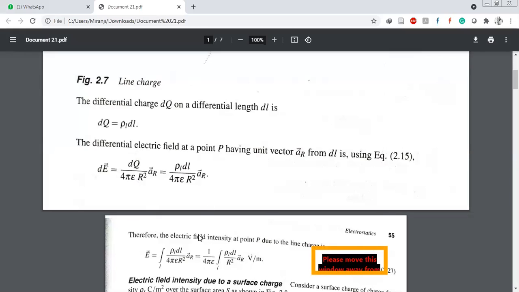From that derivation, dE equal to rho l dl by 4 pi epsilon r square. See here, from this above expression.